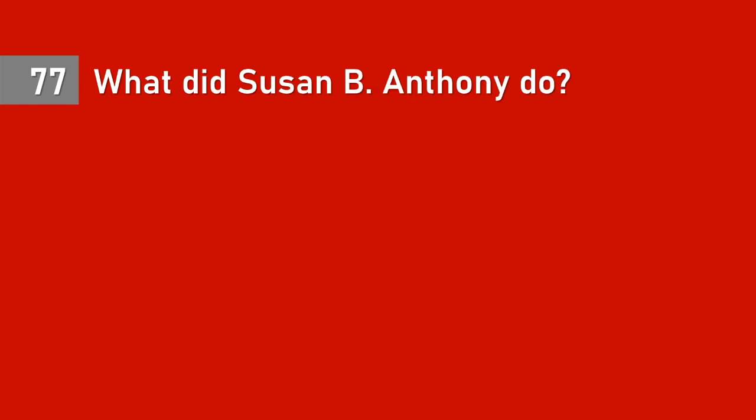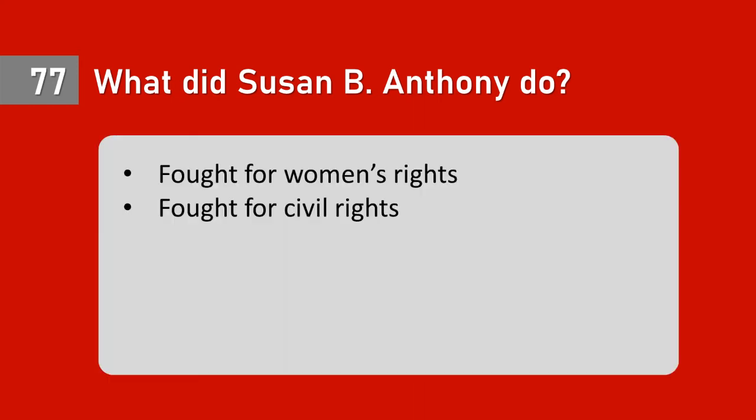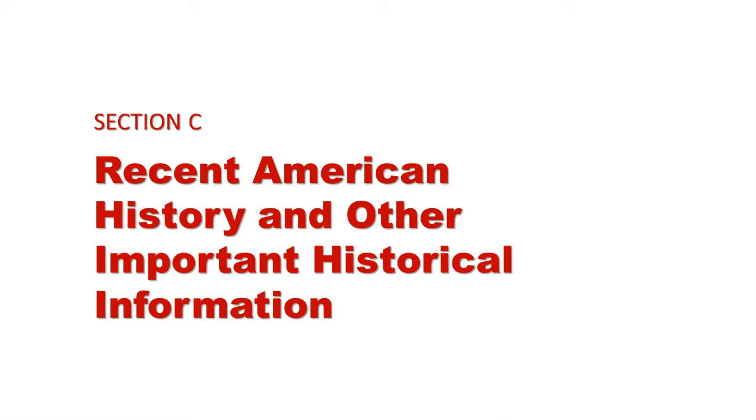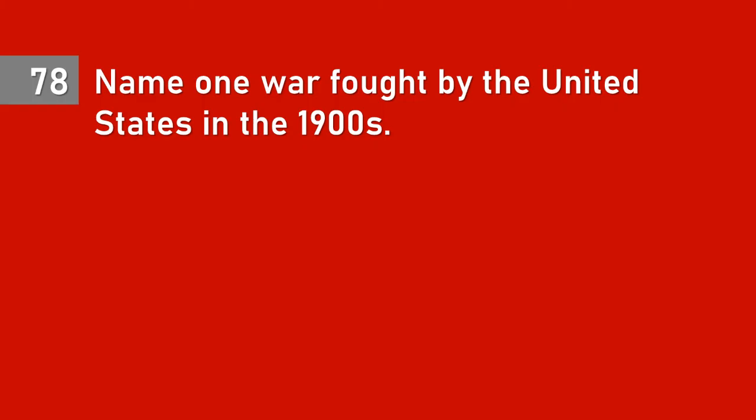Question 77. What did Susan B. Anthony do? Fought for women's rights. Fought for civil rights. Section C. Recent American history and other important historical information. Question 78. Name one war fought by the United States in the 1900s.